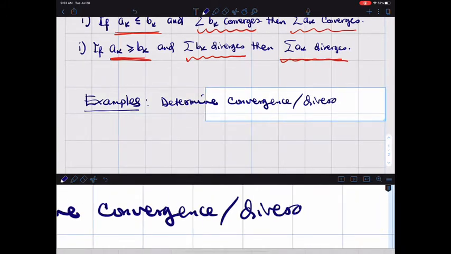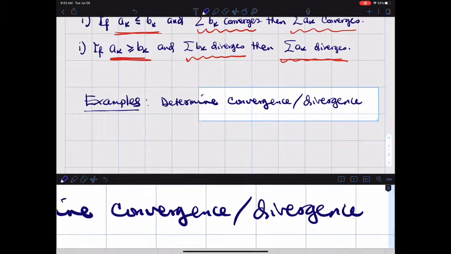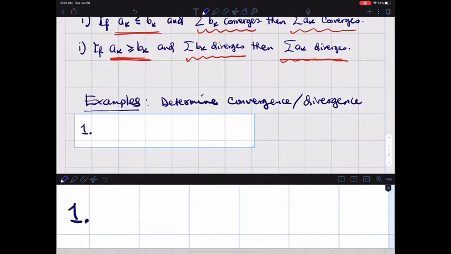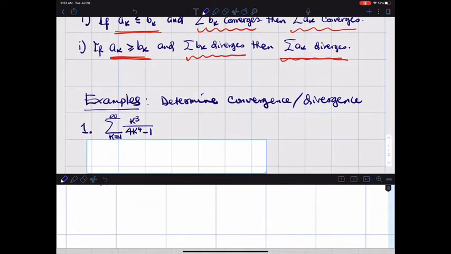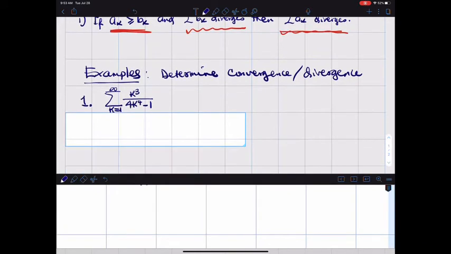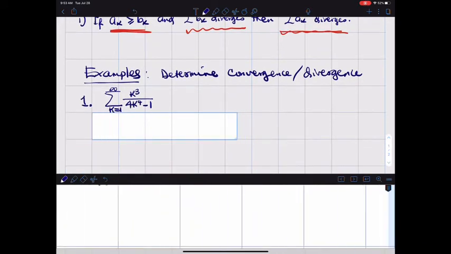Does it converge? Does it diverge? So we have the summation k from 1 to infinity of k cubed over 4k to the power of 4 minus 1. This involves some algebra, or some knowing your fractions.